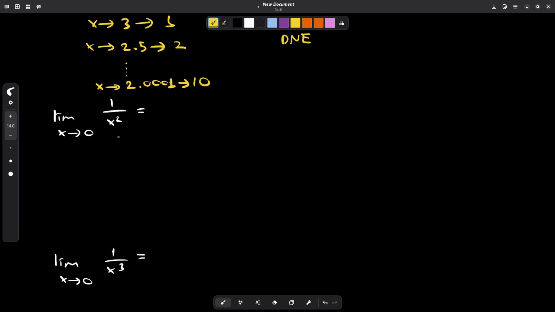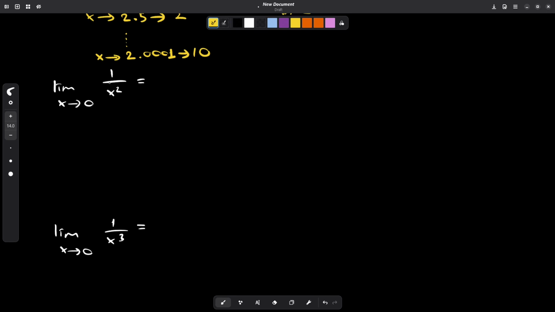Okay. Our really famous functions here, 1 over x squared, 1 over x cubed, right? Limit of 1 over x squared as x approaches 0. 1 over 0, right? When I see a value over 0, I need to know that I need to check the limit from the left and the right. 1 over x squared. So of course this is 1 over 0 from the left side.